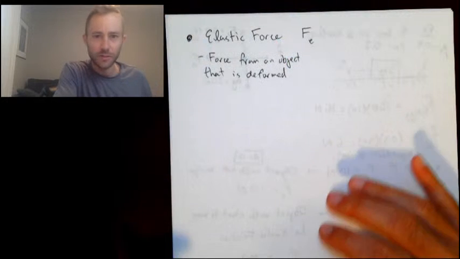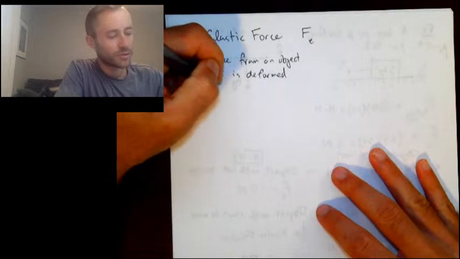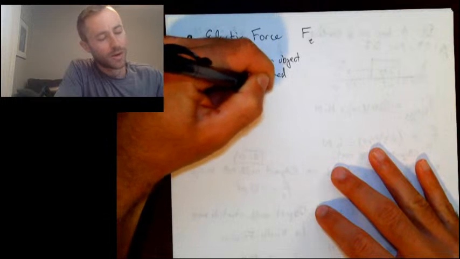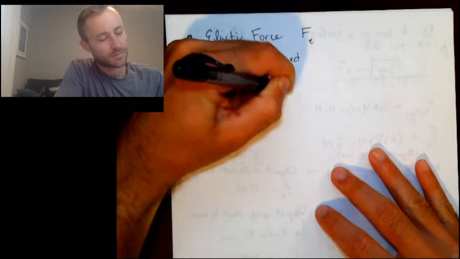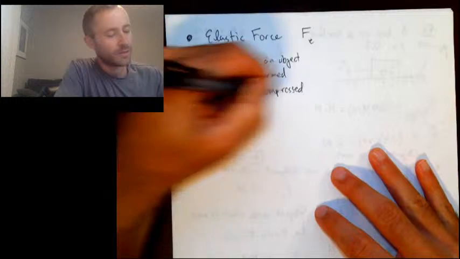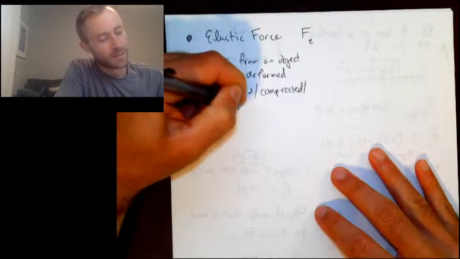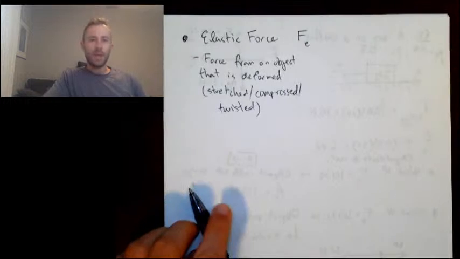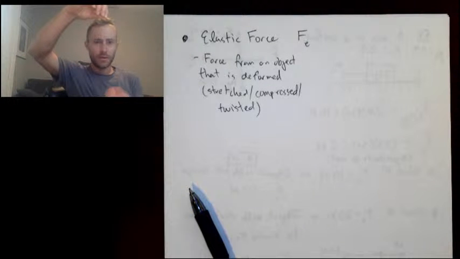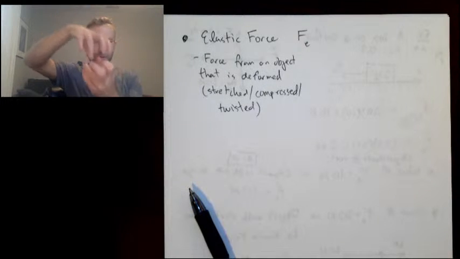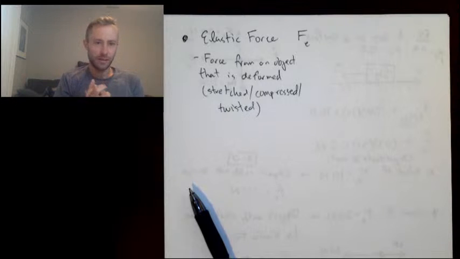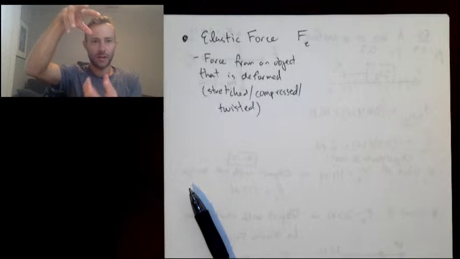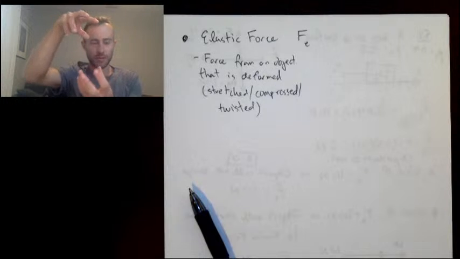When I say deformed, I mean it could be stretched, it could be compressed, it could be twisted. Anytime you take an object and you distort it from its natural shape, you're going to get an elastic force. And what the elastic force does is it tries to get the object back into its original shape.